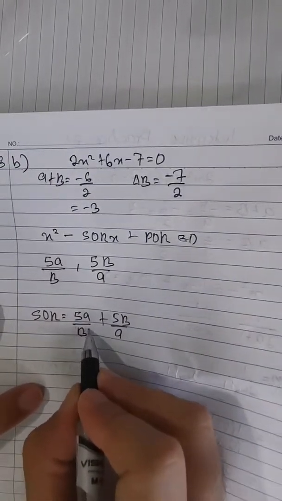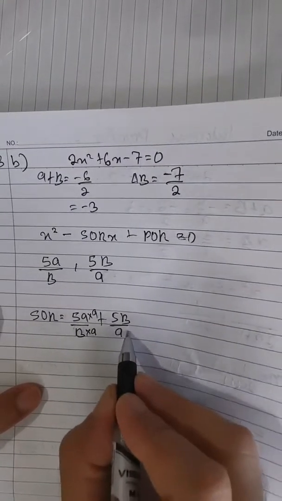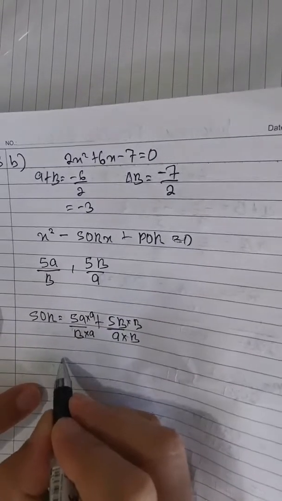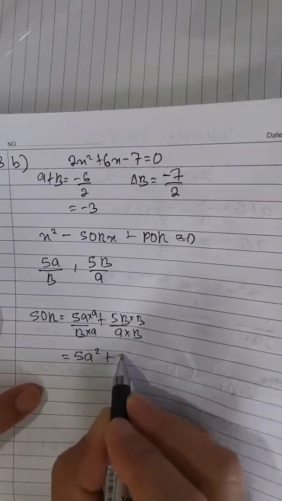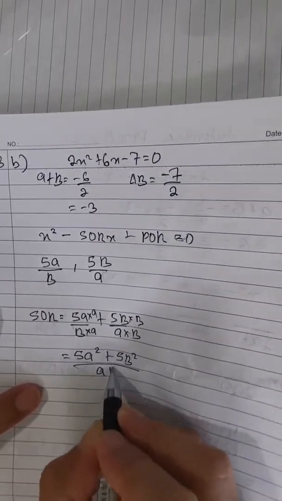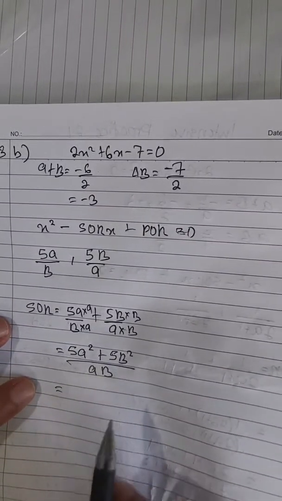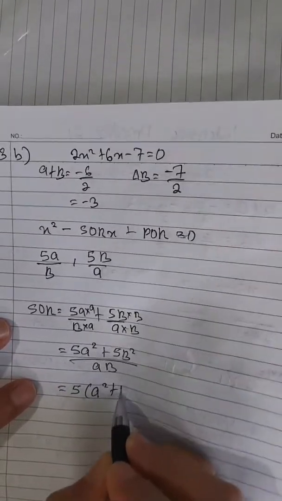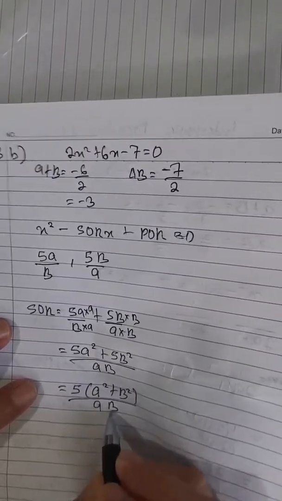Okay, so multiply the top and bottom accordingly: alpha times alpha, and beta times beta. So we have 5 alpha squared plus 5 beta squared over alpha beta. In this case we can factorize 5, and we have alpha squared plus beta squared over alpha beta.